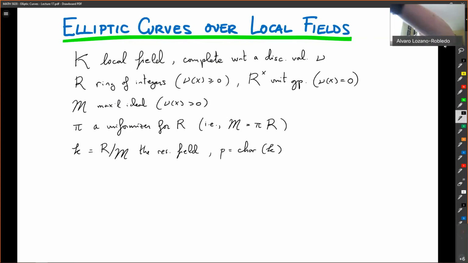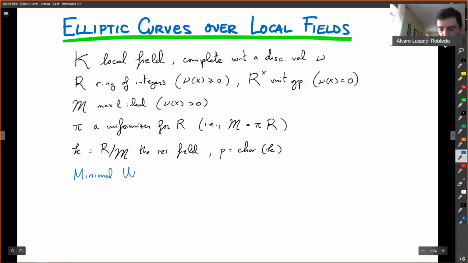Okay, so we want to talk about elliptic curves over local fields. So the first thing to do is define minimal Weierstrass equations. So remember, if I have an elliptic curve over a local field, what that means is that there is going to be a Weierstrass model for my elliptic curve.